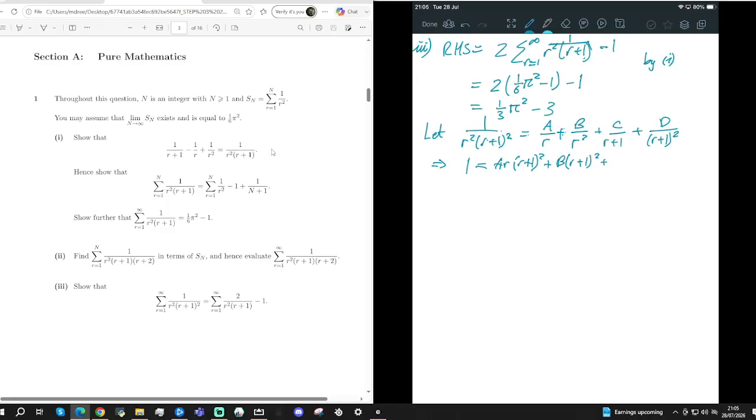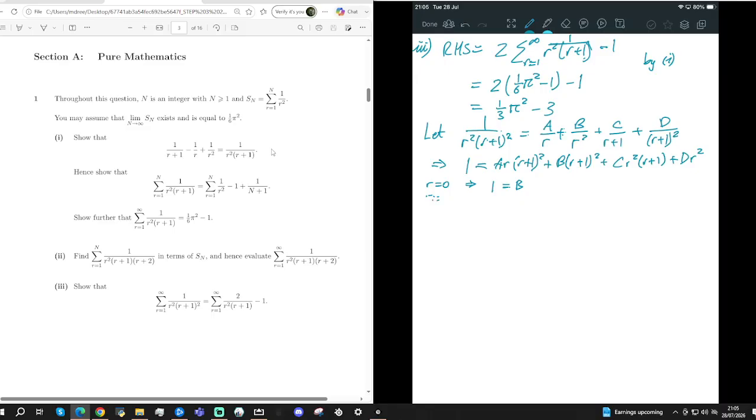Already I know that I'm going to have to worry about how I'm getting all these coefficients, because I've only got 2 values of r which are clever in some sense. The r equals 0 destroys the a, c and d terms, so that's equal to, well, just b times 1 squared.